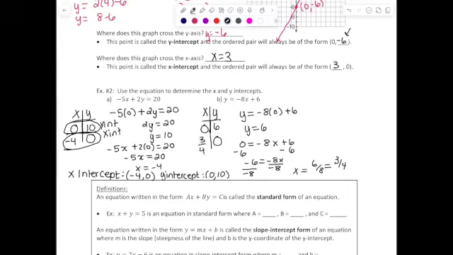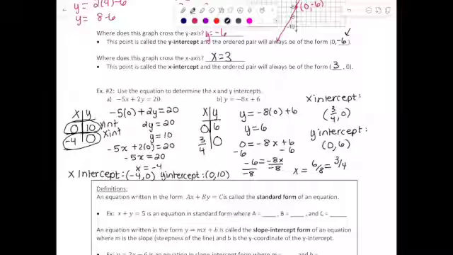We're going to want to leave everything in fractions for when we're dealing with graphing. So my x-intercept is going to be 3/4, 0. That's my x-intercept, and my y-intercept is going to be 0, 6.